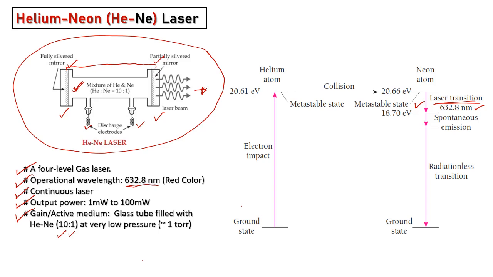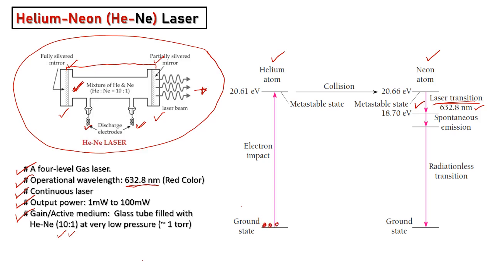What happens is that when we supply energy to the active medium through the discharge tube, we know that at thermal equilibrium most of the atoms, let's say atoms of the helium neon gas, and this is the part of the neon, are in the ground state.